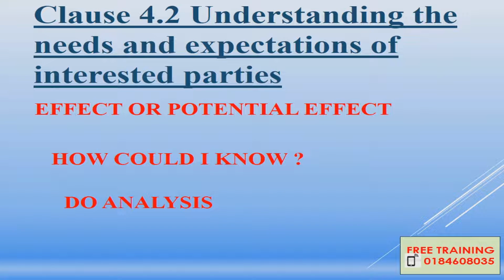Let's go to clause 4.2, understanding the needs and expectation of interested party. Jadi di sini you tengok interested party, maksudnya secara langsung dia akan impact, yang berkontak secara langsung, yang you tahu siapa itu. Okay, dan kehendak-kehendak dia you kena faham dan buat analisis, effect, potential effect.